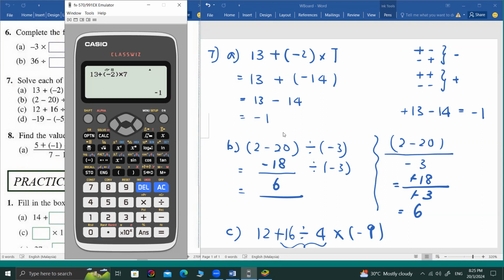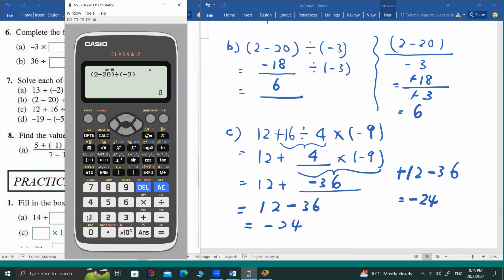Can you see what I mean? Let me prove to you. 2 minus 20 divide negative 3. The negative, you can apply this button. Then 6. Can you?